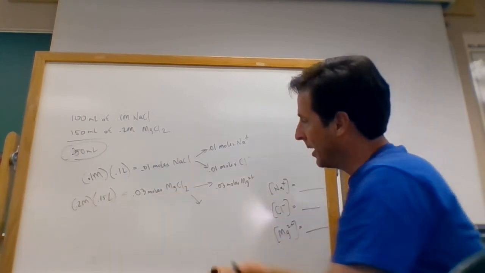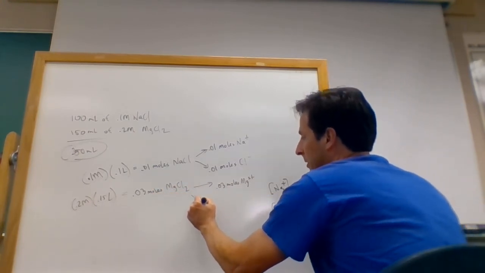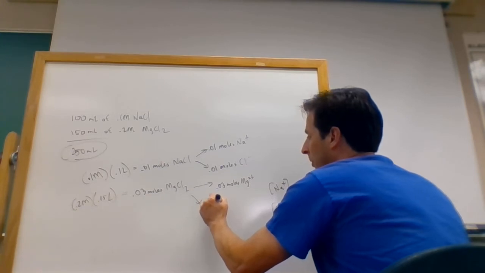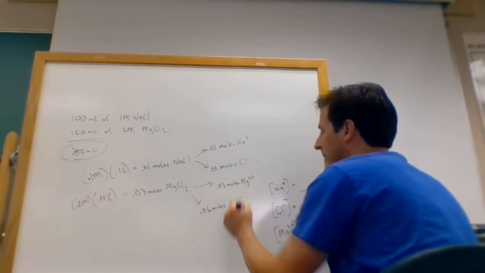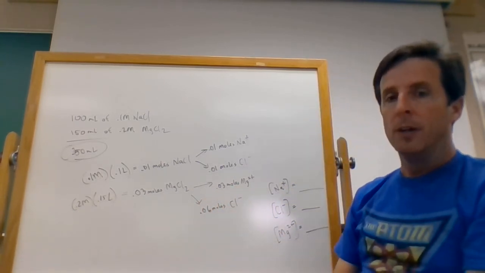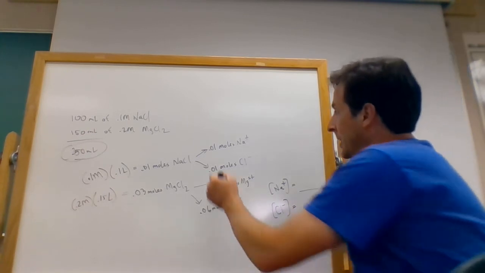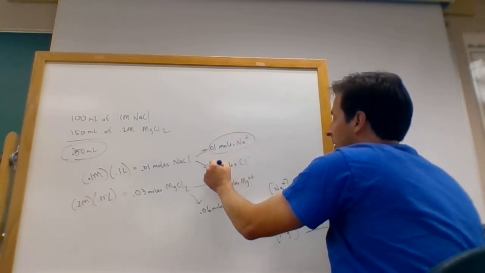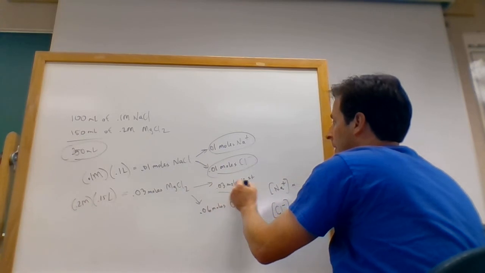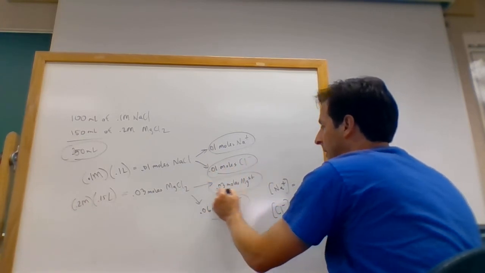So I'm going to double that number. It's going to be 0.06 moles of Cl-. So now, these are the things that are in the solution once I've mixed it together.